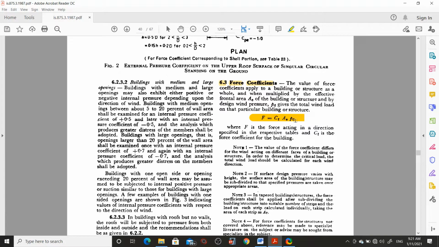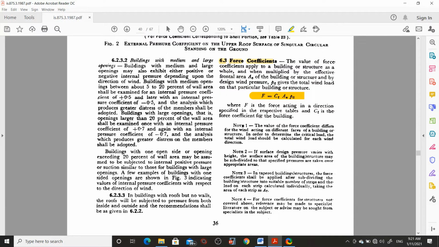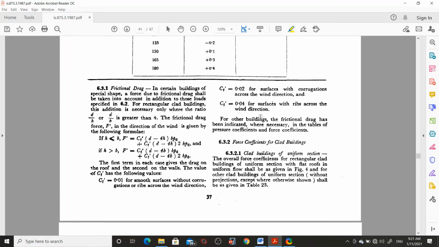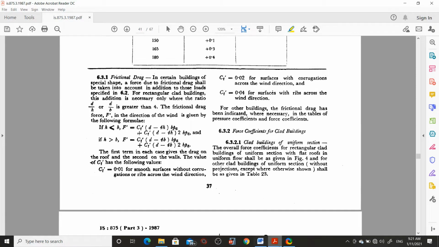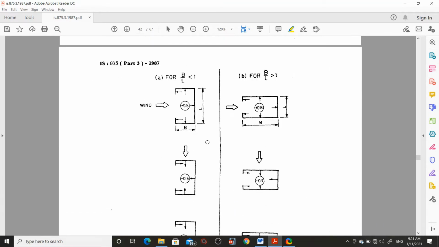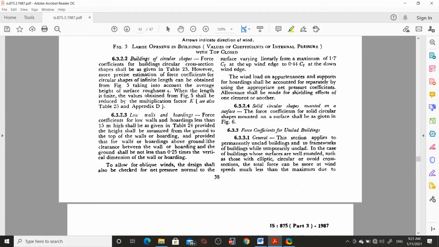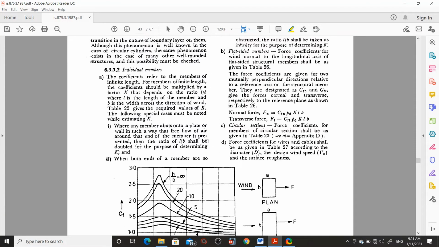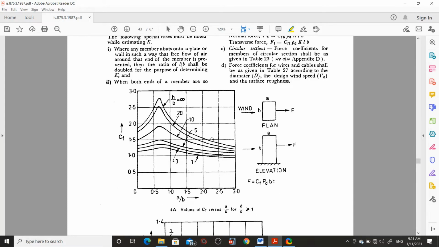Okay, force coefficients. So let's check. We have one table here, and this table is used to find the Cf value.